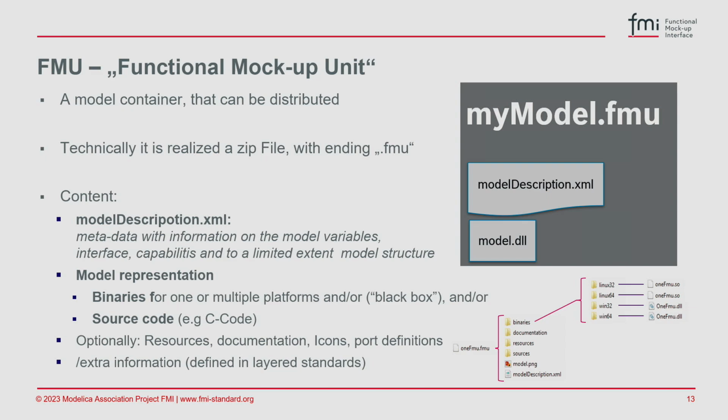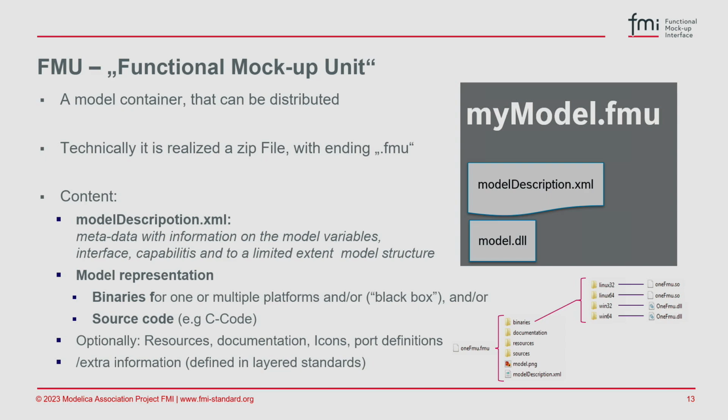Now, if we look into this FMU zip file, we have this model description, and then at least one model representation. It can be in binary form, so for example a DLL for Windows, or an SO file for Linux.